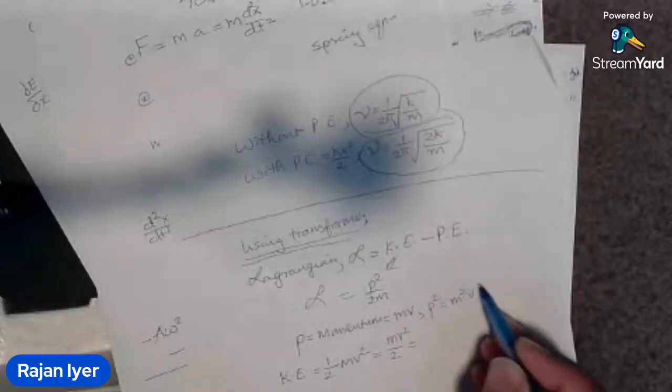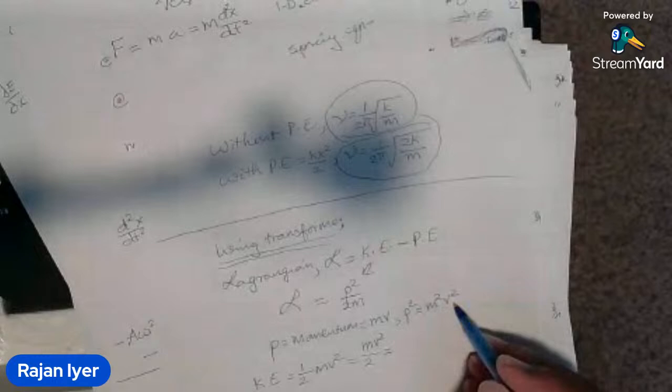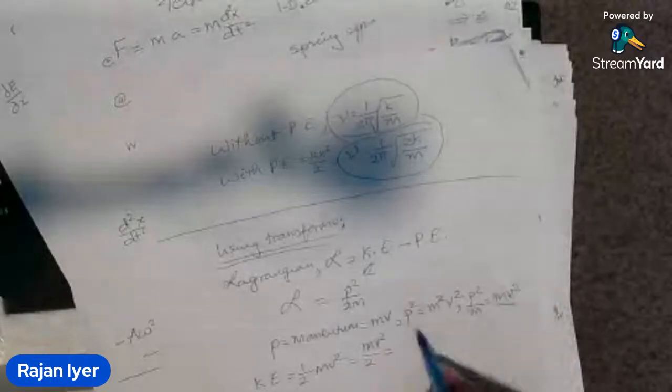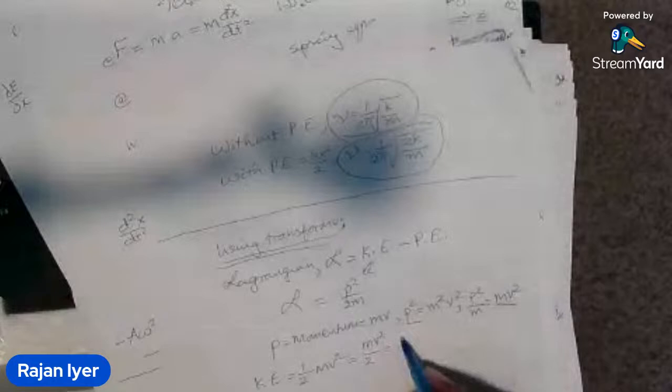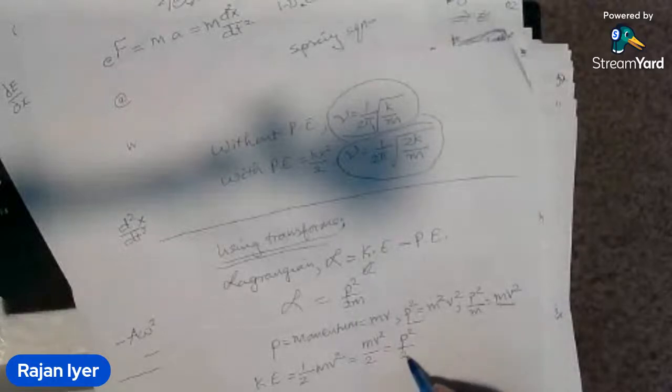So I have to divide by m in order to get mv square. So p square over m becomes mv square, and I can substitute for mv square as p square. So I get p square over 2m, right?